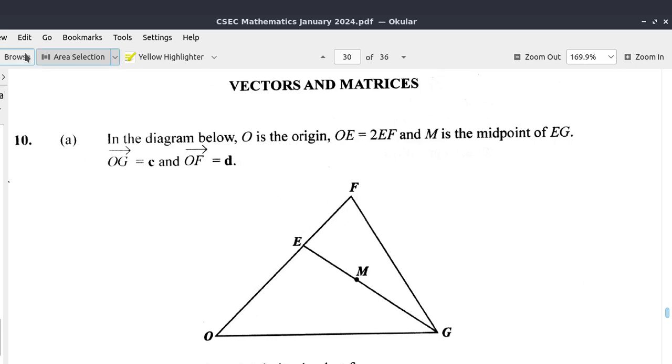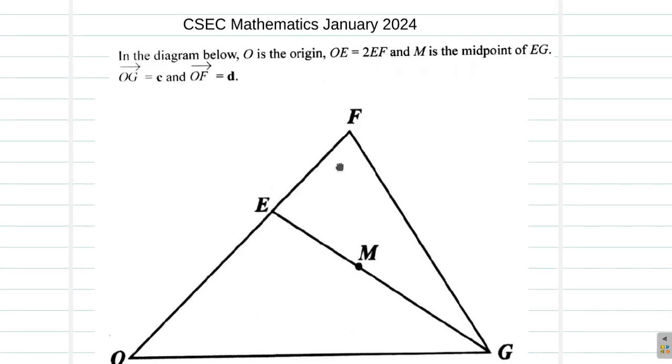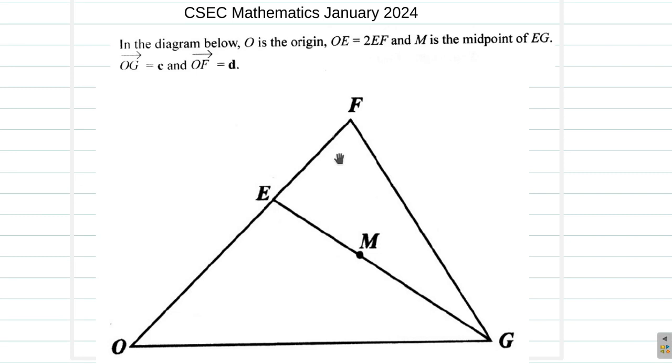I had copied the question over here. So let's see what's going on. It says O is the origin. OE is 2EF. So that means the distance from O to E is twice the distance from E to F. What I could do is make a mark here so that I divide OF into 3 equal parts.